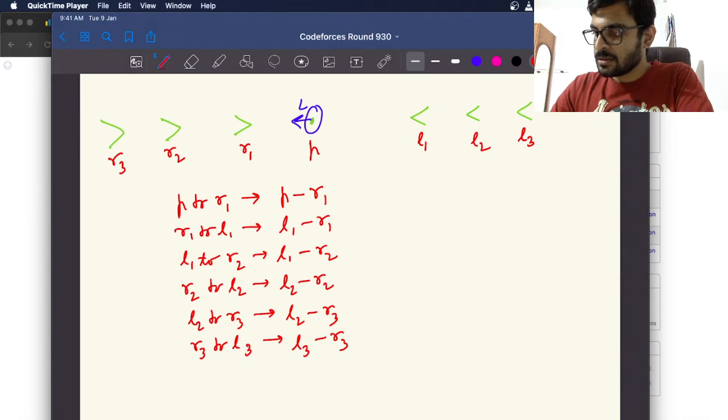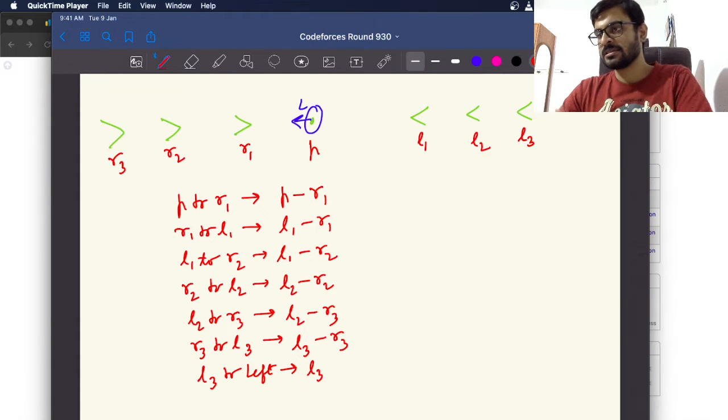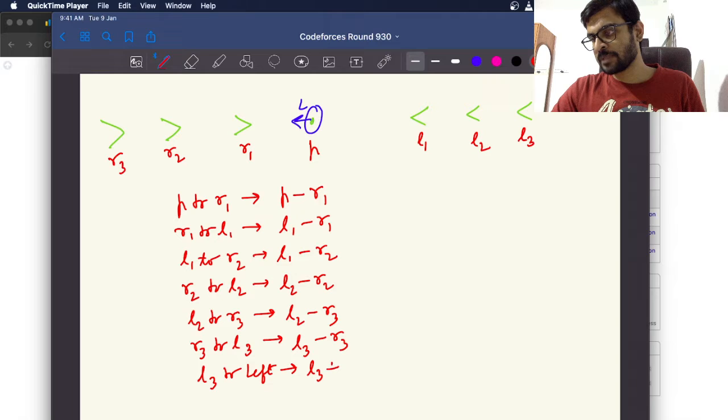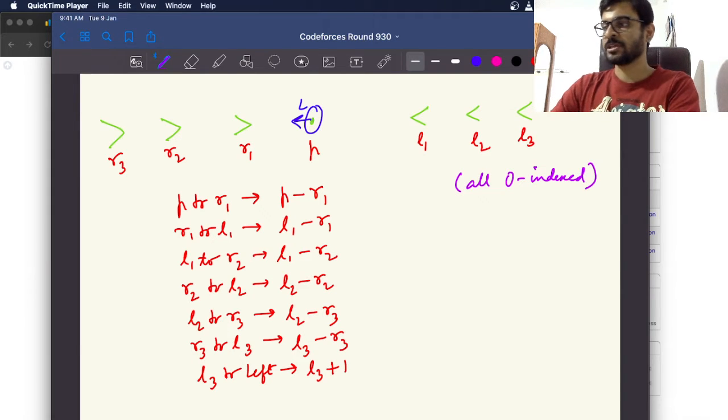Then from L3 it will go the entire way to the left because there is nothing else to the left. So considering that these are all 0 indexed, we can say L3 plus 1.